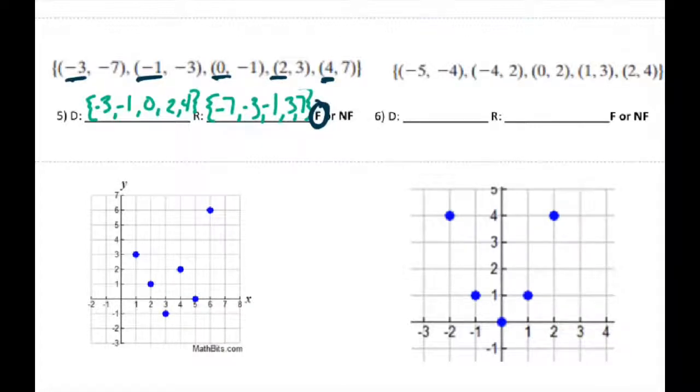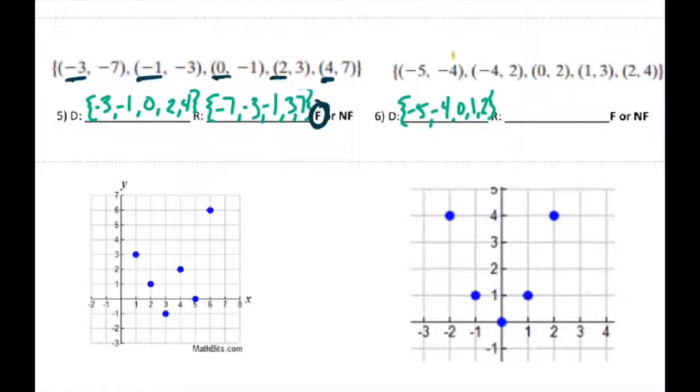Same with number 6. We're going to start with domain, exactly what we just did. We look at our x's, and we list them from smallest to greatest. So my smallest is -5, -4, 0, 1, and 2. All of the x values in order from smallest to biggest.